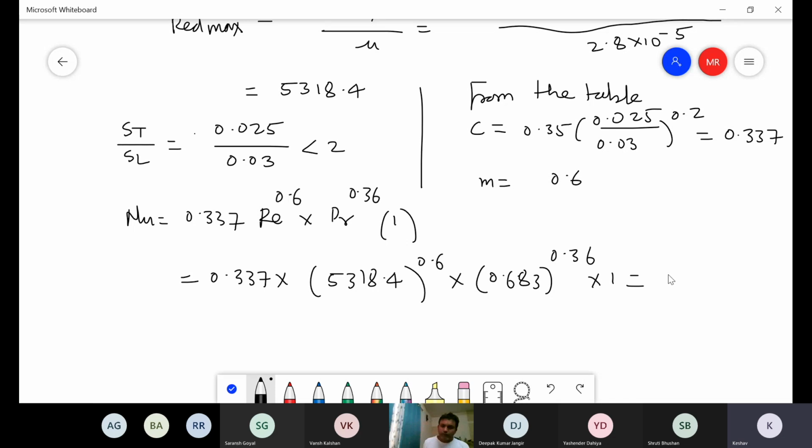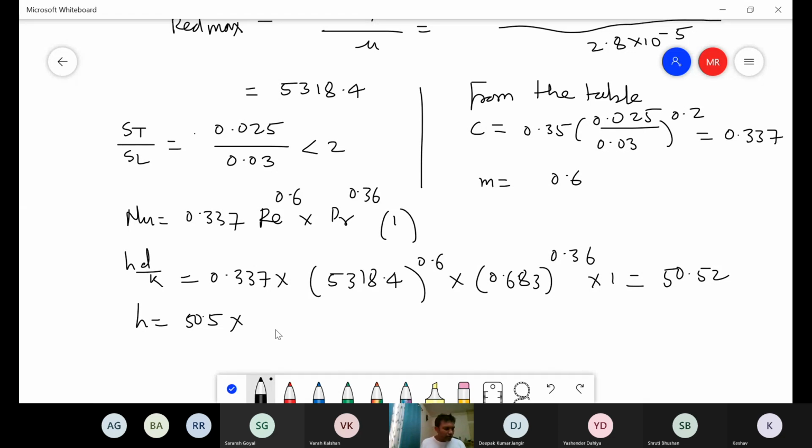50.52. Correct. So based on that, now we can find out the heat transfer coefficient. So this is hD by k. So h we can find out: 50.5 into k divided by diameter.